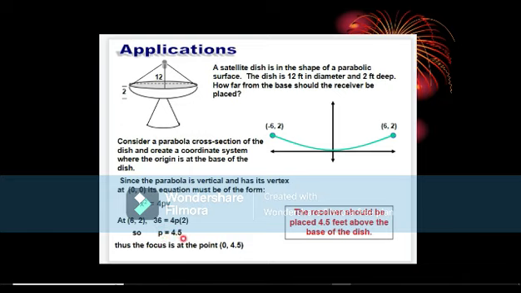Therefore, p is 4.5. Thus, the focus is at the point 0, 4.5. So it is here. Now, the receiver should be placed 4.5 feet above the base of the dish.